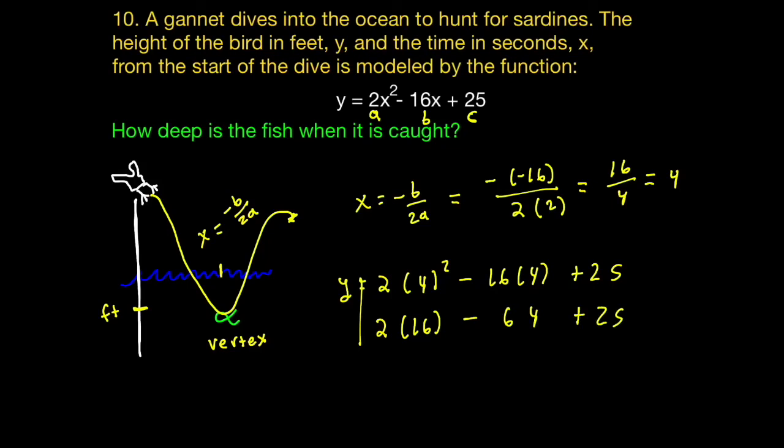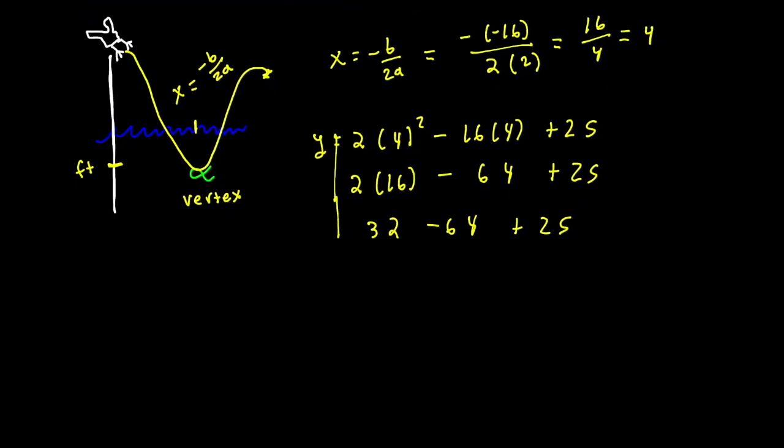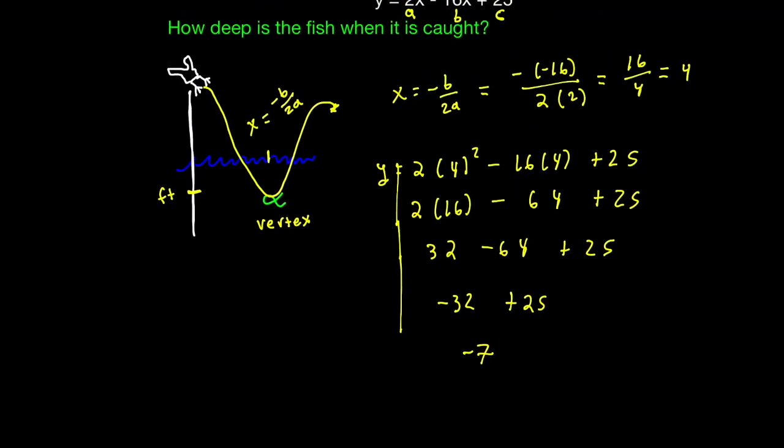And then we're going to add 25. 2 times 16 is 32. And then going from left to right, 32 minus 64 is negative 32. And then if we add 25, that's going to give us negative 7. Hence, the fish is 7 feet deep.